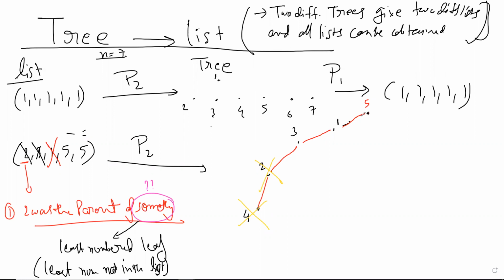Okay, like this. And then what should be the last thing? Once again, 5 is a parent of something. What is that something? What is 5 a parent of? What does the last thing suggest? The last thing suggests that 5 is a parent of something. It's a parent of what?